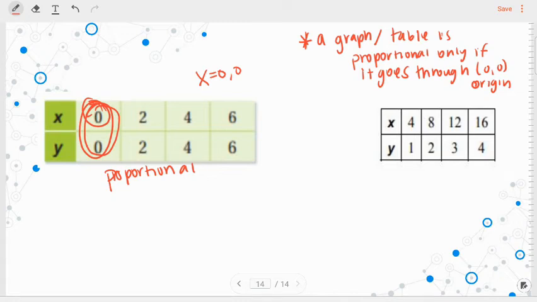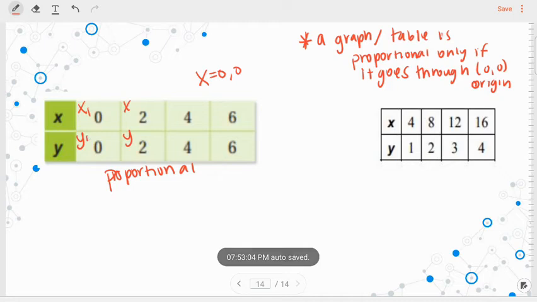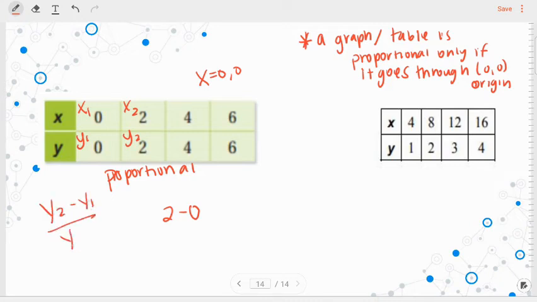How do I find the slope? Remember, to find the slope, I find two ordered pairs. This is an x value, this is a y value. This is an x value, this is a y value. This is my first point. This is my second point. Remember, my slope formula is y2 minus y1 over x2 minus x1.